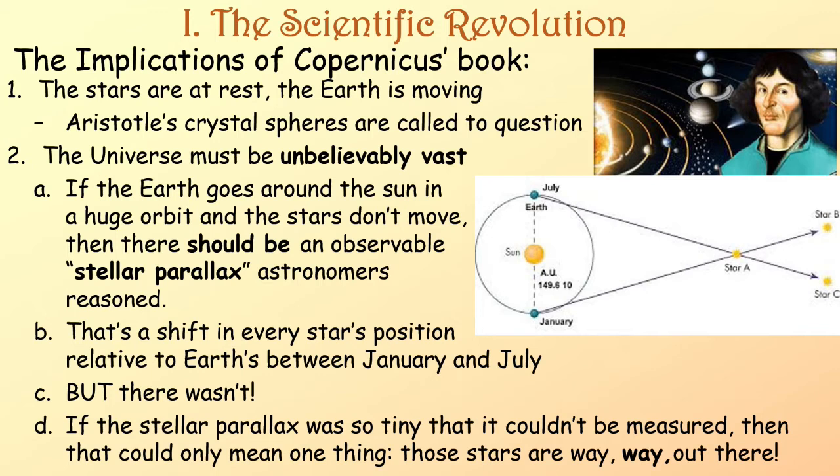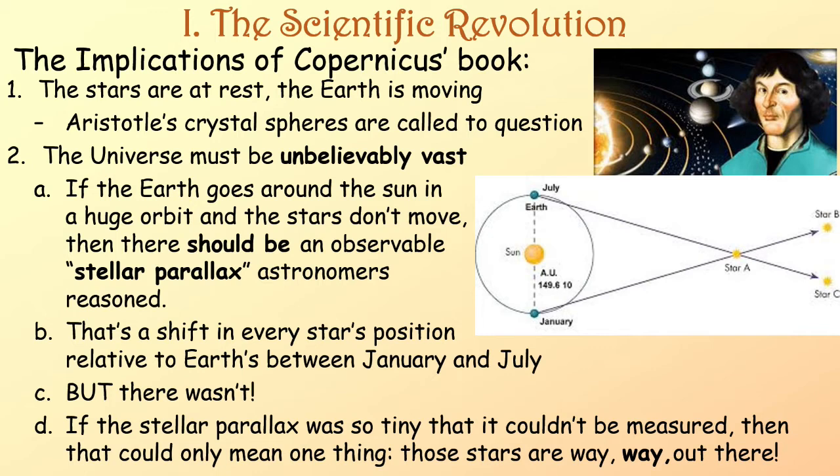And the reason that the universe must be unbelievably vast is this. You see, if the Earth goes around the sun in this huge orbit, then from our point of view, standing on Earth, there should be an observable, what they call stellar parallax. That's what astronomers reasoned. In other words, there should be a corresponding shift in every star's position relative to the Earth's between January and July. In other words, they should look like they're making little circles.